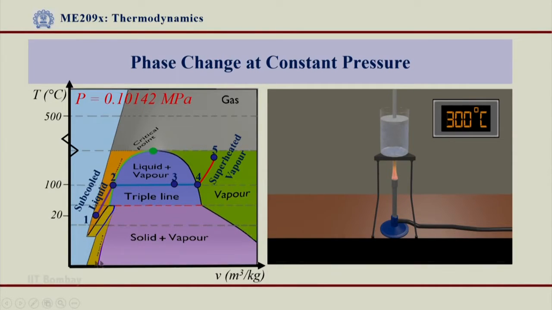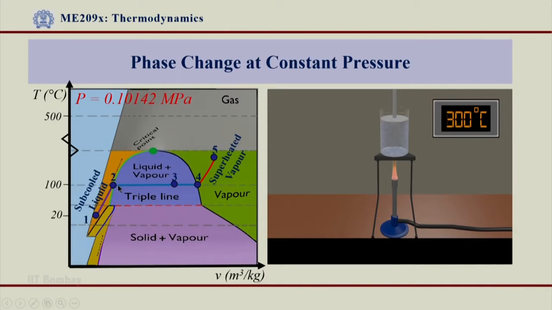So what I have done, I have heated this water which was shown earlier in the blue color, went from subcooled liquid, went up to 100 degrees centigrade, which was heating of this water at constant pressure, and then at point 2 the phase transformation started at 100 degrees centigrade, wherein I had liquid plus vapor region staying together, they were in equilibrium, and this 100% liquid at point 2 became 100% vapor at point 4.